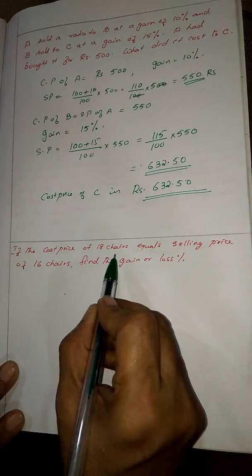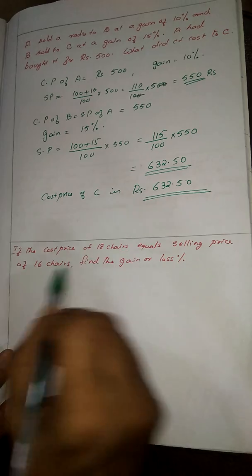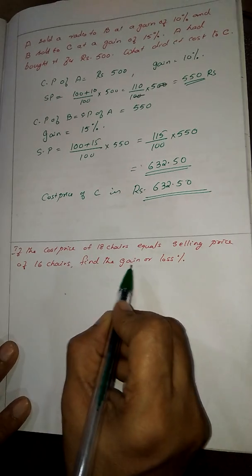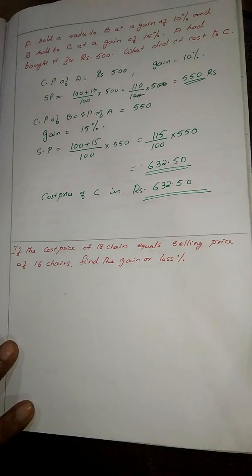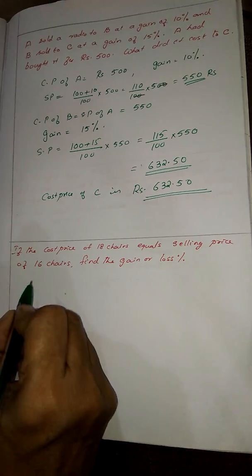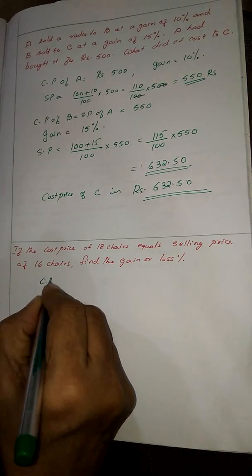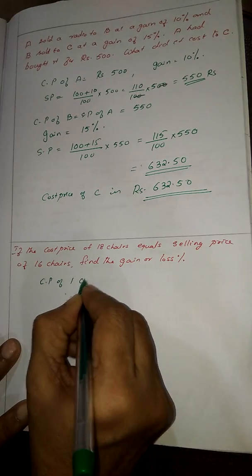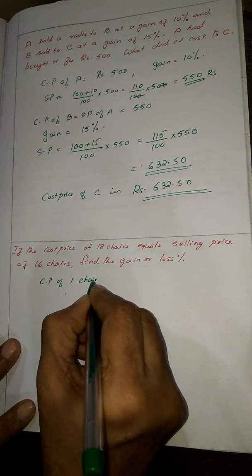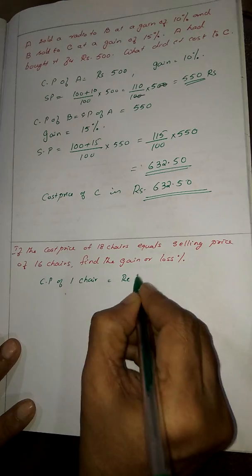If the cost price of 18 chairs equals selling price of 16 chairs, find the gain or loss percent. So let the cost price of one chair be equal to rupee 1.